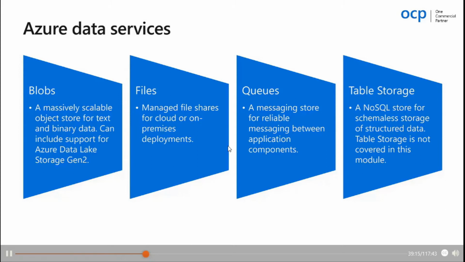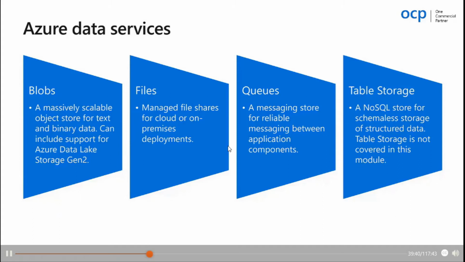And then we have files. I can manage file shares for cloud and on-premises deployments. This is very useful, especially in lift and shift scenarios, because with blobs, I can only access them through a REST interface, so I need an HTTP request to upload and download data.